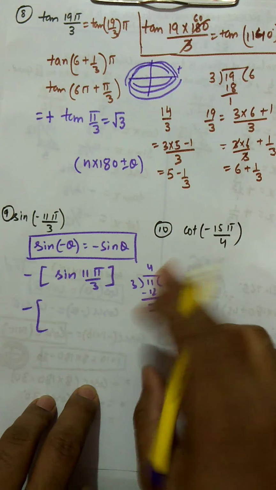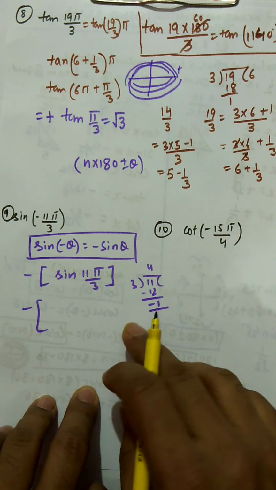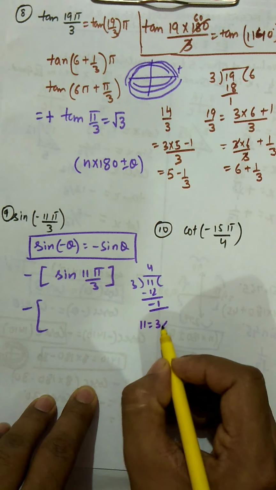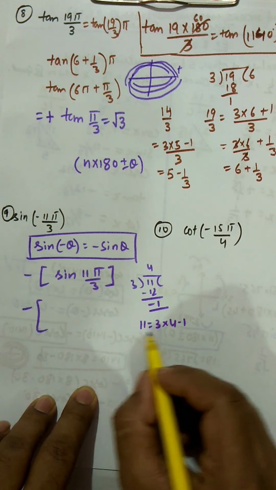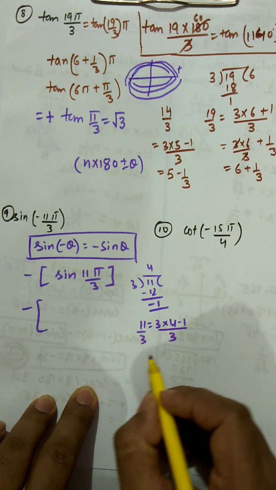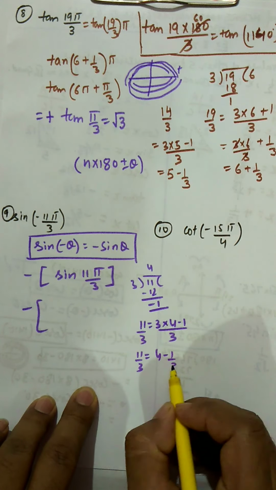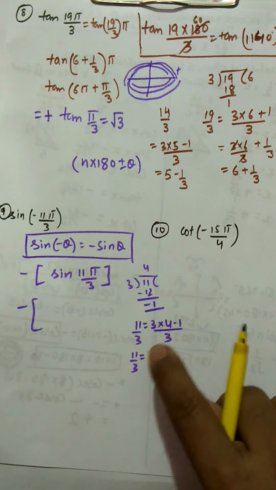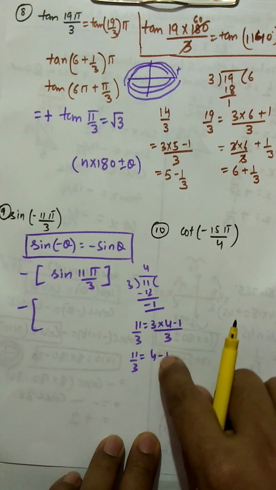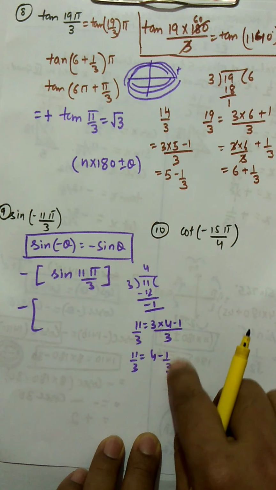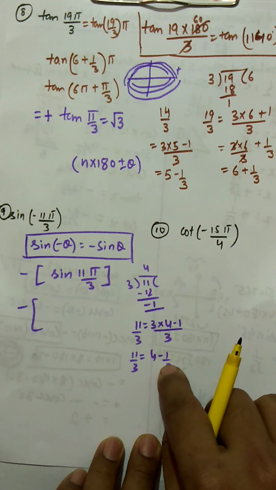So we can go after that, and we can go back also, but we have to see our answer should be like this: 11 can be written as 3 into 4 minus 1 upon 3, and this further can be written as 4 minus 1 upon 3. So you always have to remember that this angle should be a fraction, it should be less than 1. So 1 by 3 is less than 1, so it is fine.